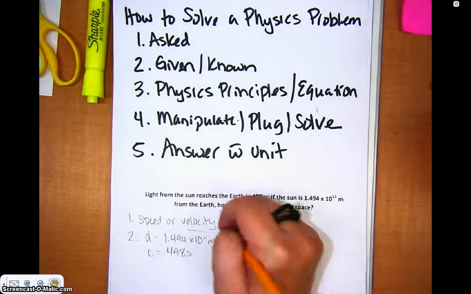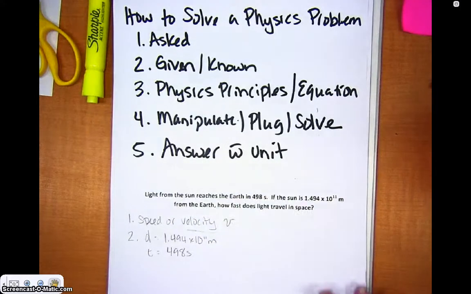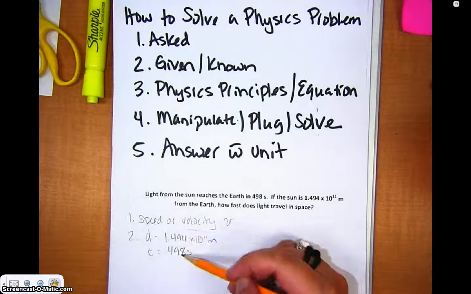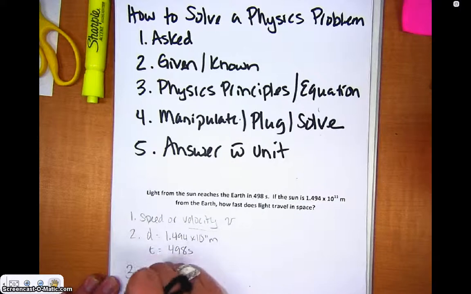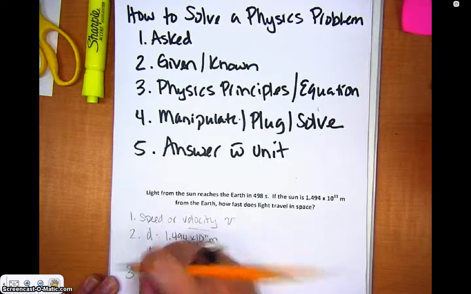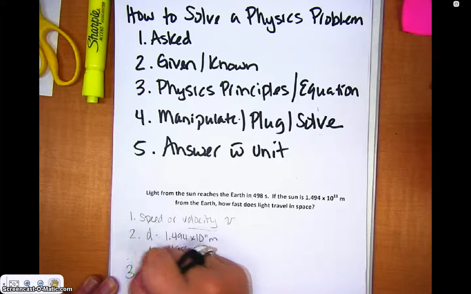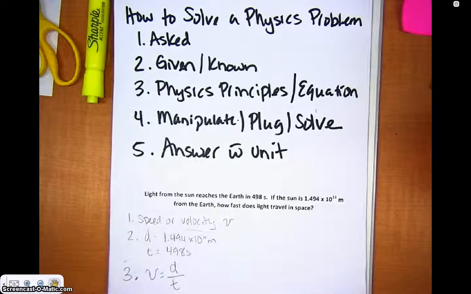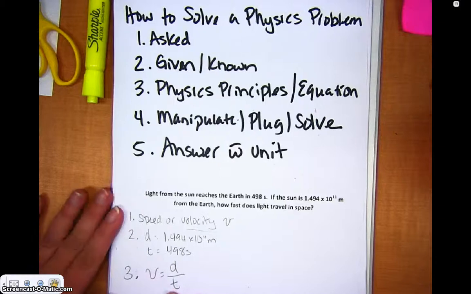So I'm trying to solve for velocity, and I'm given distance or displacement and time. So the physics principle that applies to this situation is that velocity is equivalent to distance or displacement divided by time. So now that I have my equation, all I have to do is plug and chug.